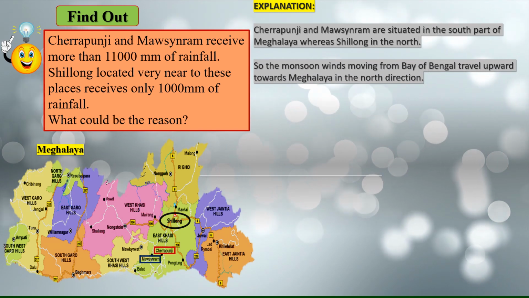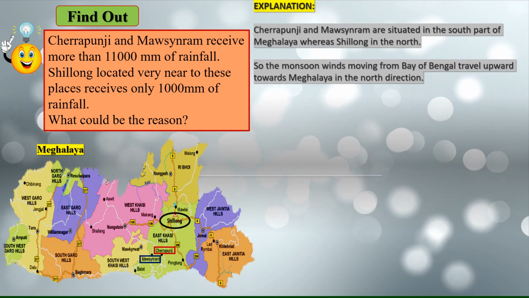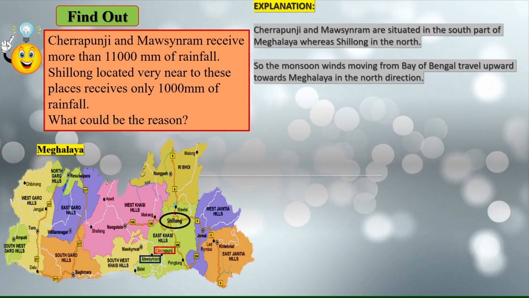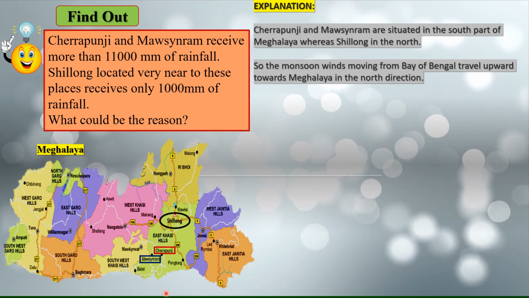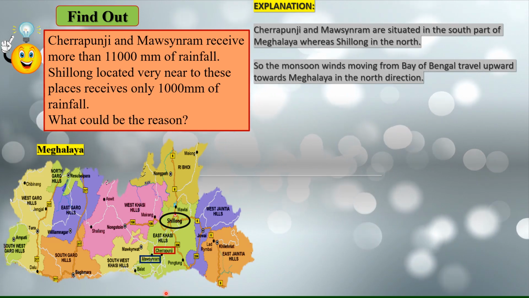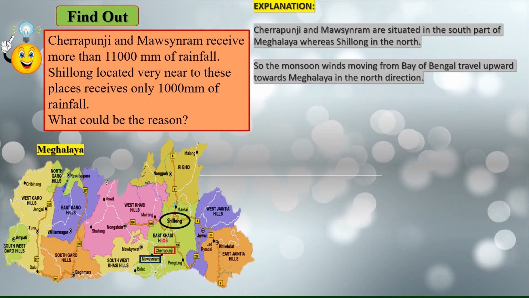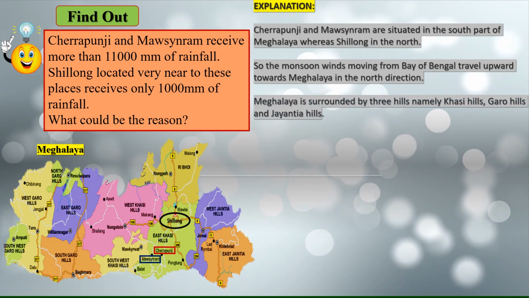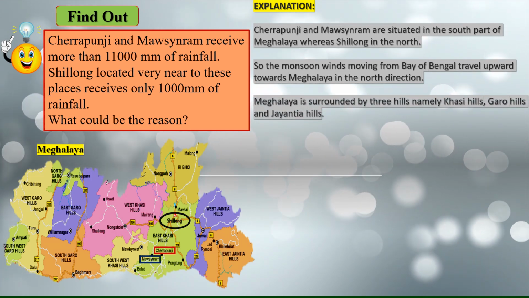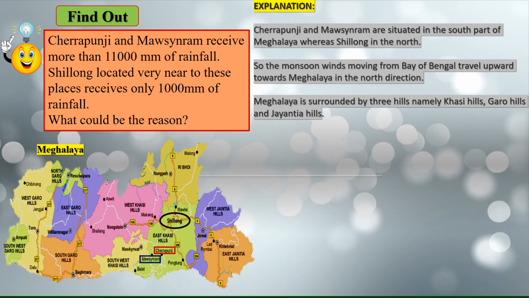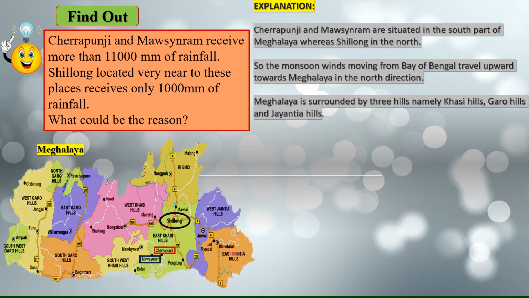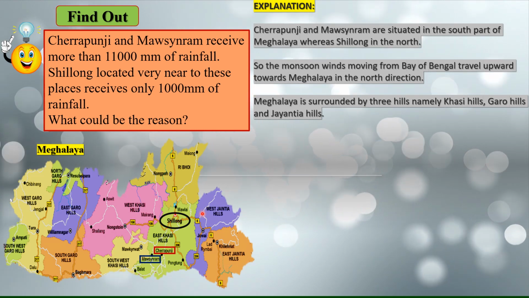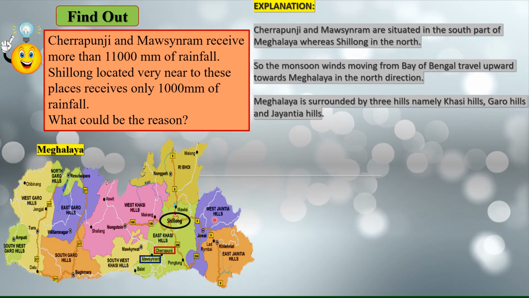So the monsoon winds from the Bay of Bengal travel in the north direction towards Meghalaya. Meghalaya is surrounded by 3 hills, namely the Khasi Hills, Garo Hills and Jayantiya Hills. Here we have the East and West Jayantiya Hills.